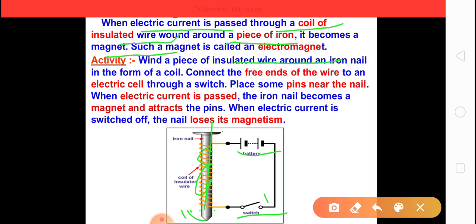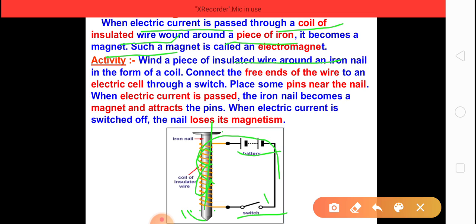When we switch on, the electric current runs through the insulated wire around the nail. So that is why the iron nail behaves like an electromagnet, and it attracts the pins near the nail. Okay, so this proves that this is the magnetic effect of electric current.